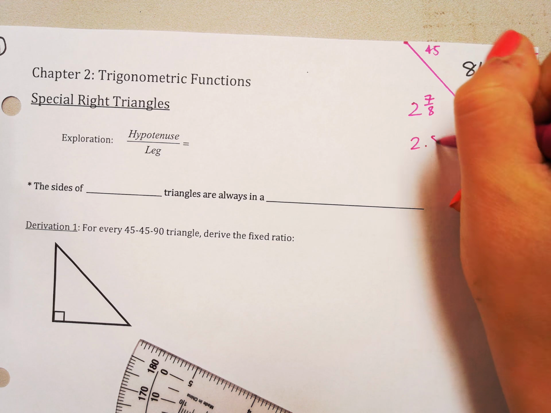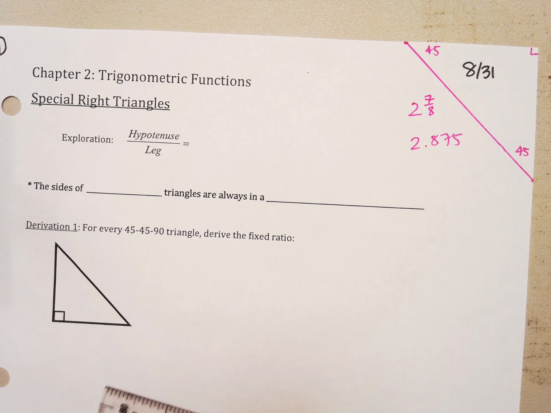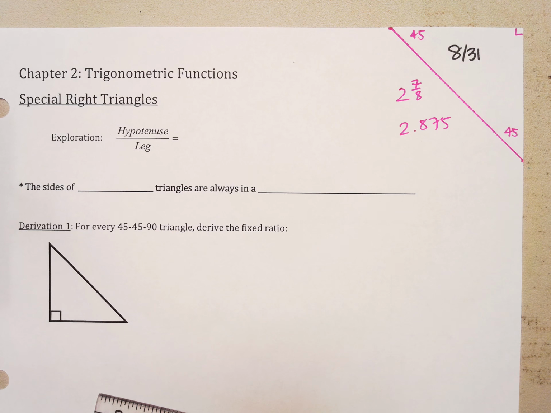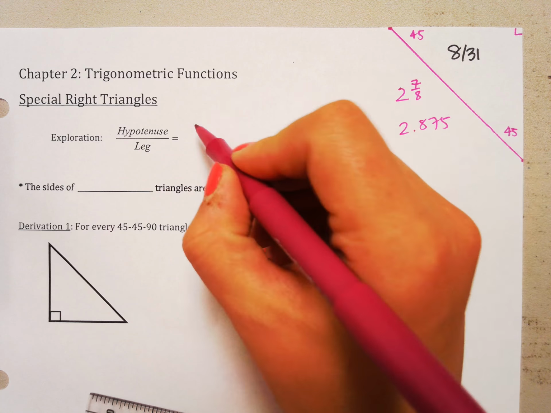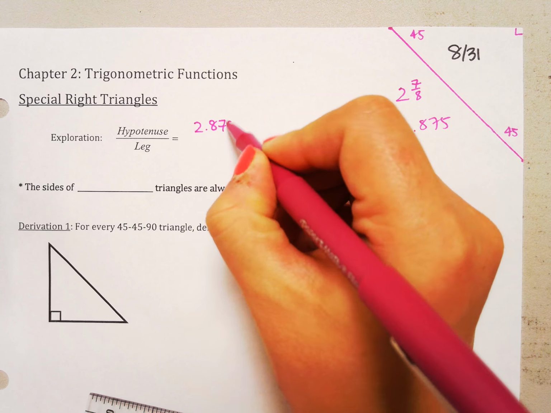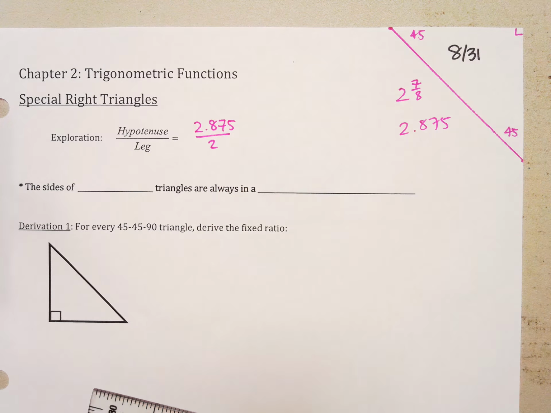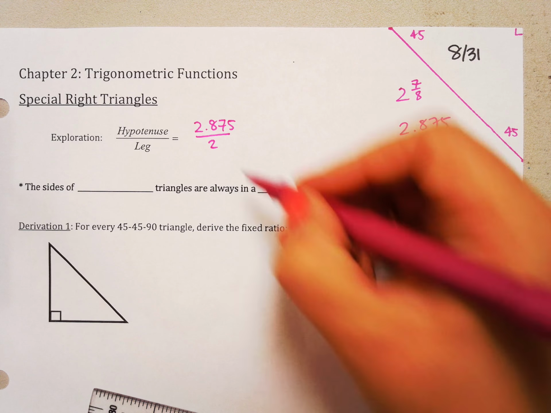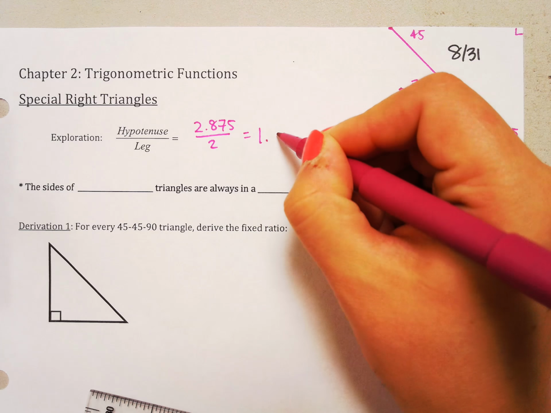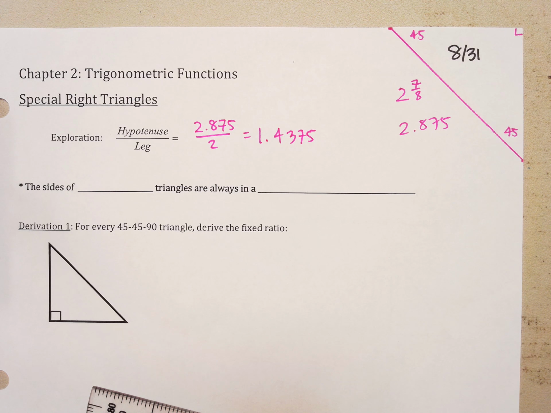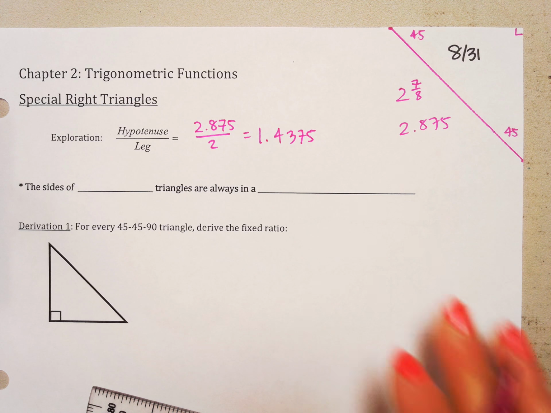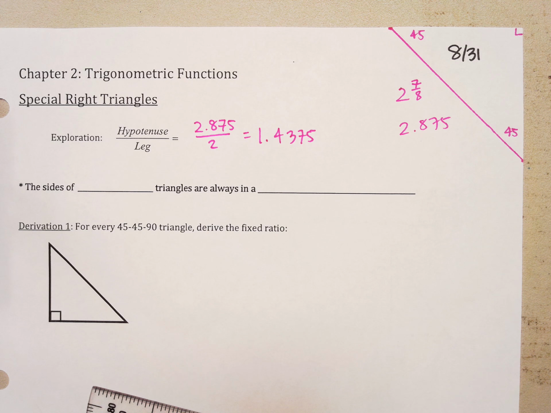So 2.875. Now, again, obviously our hypotenuse is the larger side. So what we're going to do is come up with the ratio between the hypotenuse, which I found was 2.875, and each of my legs, which were 2 inches. And that ratio ends up being 4.4375.